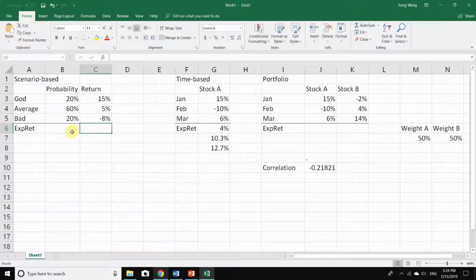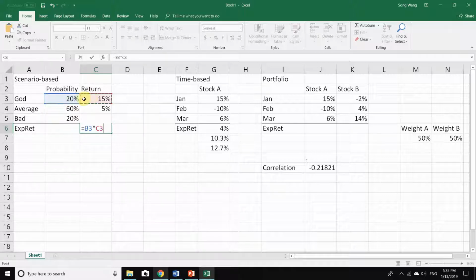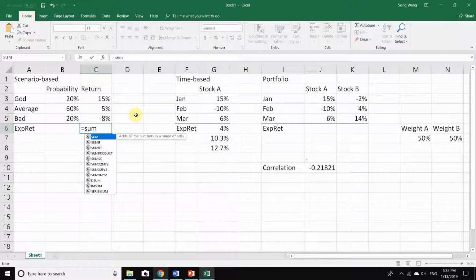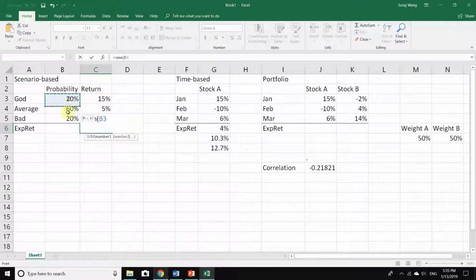And the expected return based on scenarios is a little bit harder. You need to incorporate the probabilities and also the returns. You need to use each probability times each return. Okay, you have 3 products and then you add them up. Or in Excel, we make things easier by using the sum of product function.